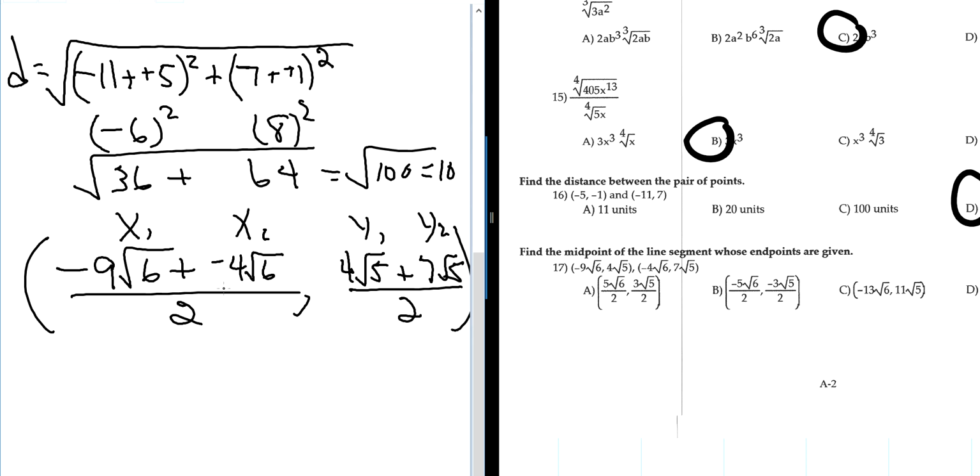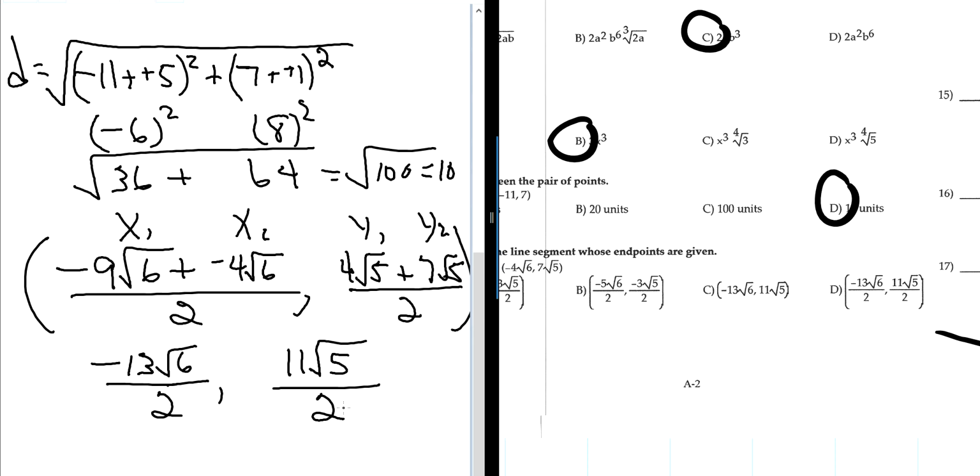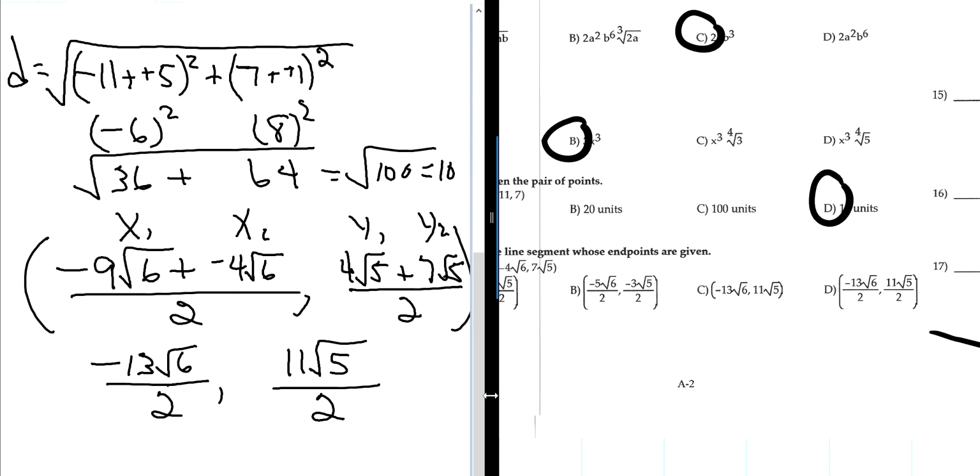So I add these together, I get negative 13 square root of 6 divided by 2. And over here for the y, I get 4 and 7 is 11 square root of 5, and that would be over 2. Okay, and my answer there is going to be D.